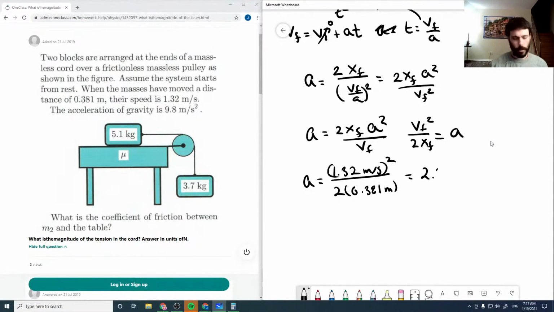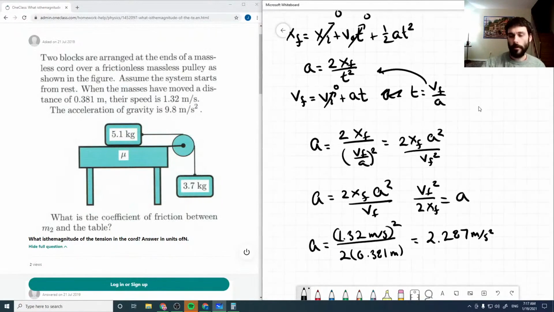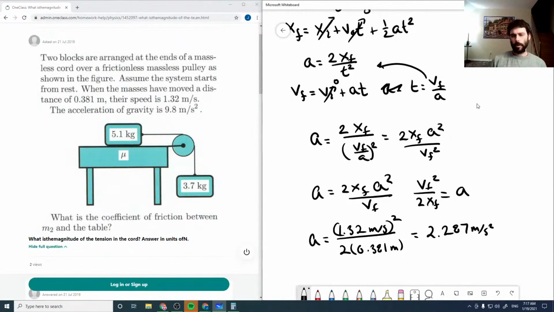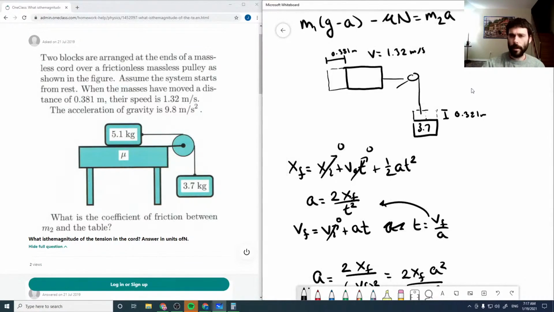And so this comes to be 2.287 meters per second squared. Okay, so there's our acceleration at that point. Actually, we have our acceleration for our entire motion, because it's constant. So that's the acceleration that we expect.